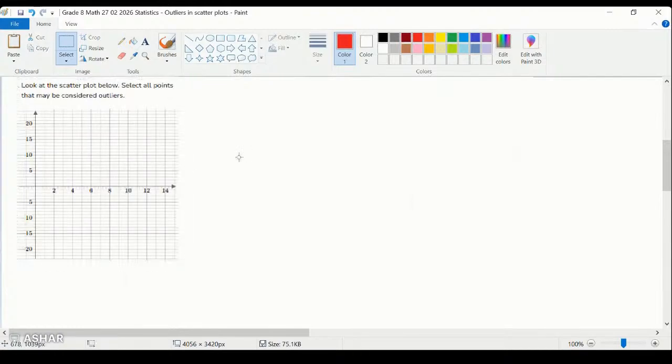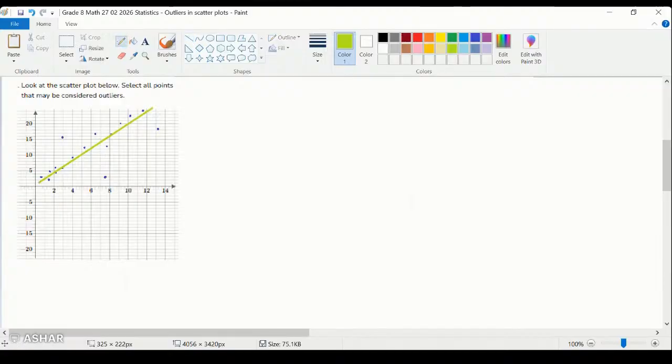Question number 7 says, we don't have any points given over here, right? But we'll try to plot some points. If I say the points given are these, these are the points given to us, and okay, so if these were the points given to us, what we try to do is we try to draw a line of best fit.